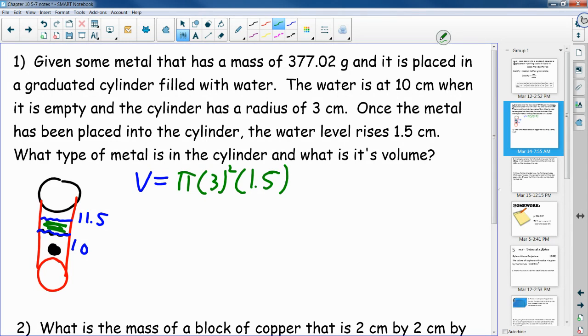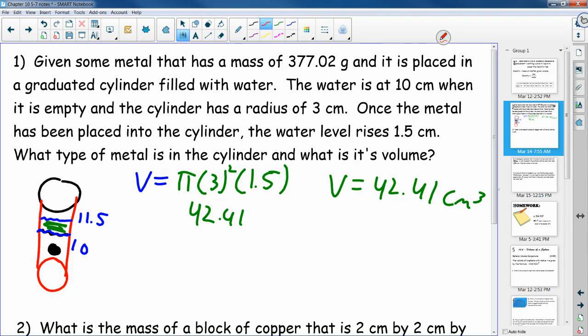So we take pi times r squared times 1.5, and we get an answer of 42.411. For this, we're going to round to the nearest hundredth, so 42.41 is what we're going to use. We've found the volume of our shape. The volume is 42.41 centimeters cubed, because that's how you measure volume.